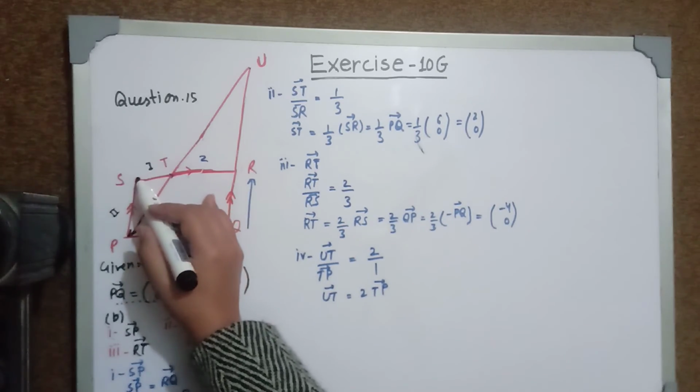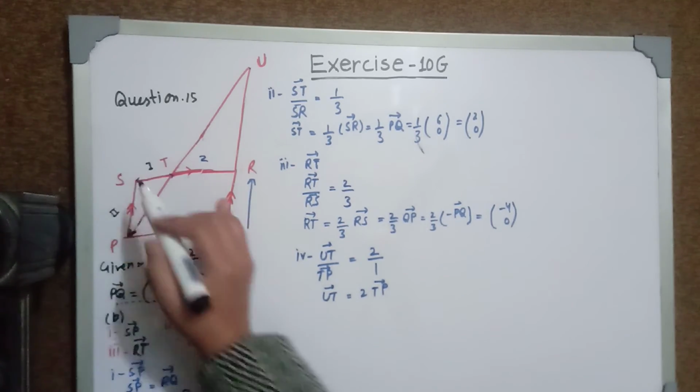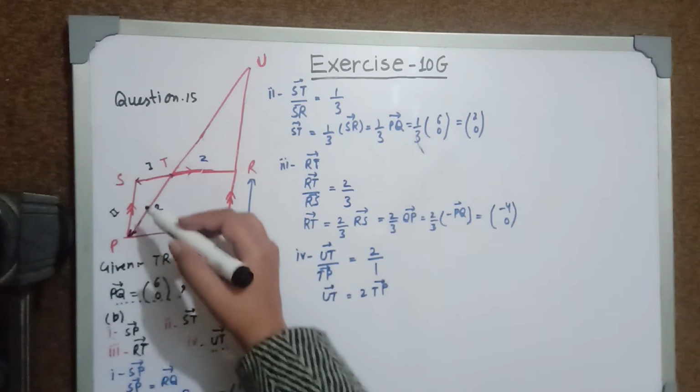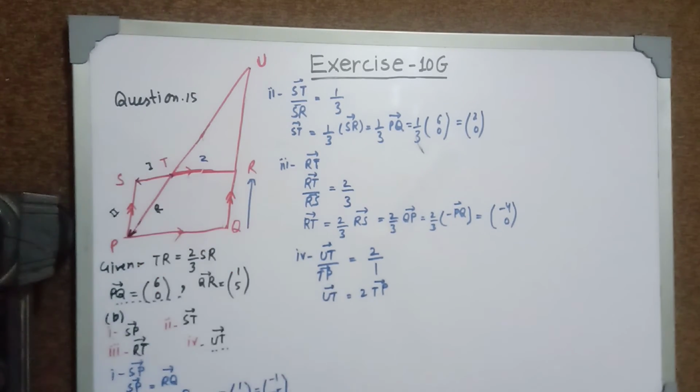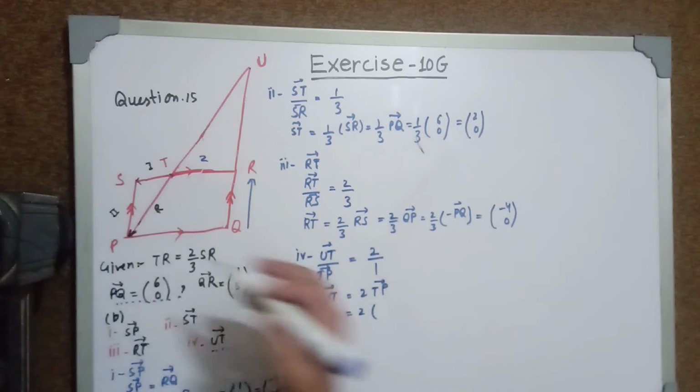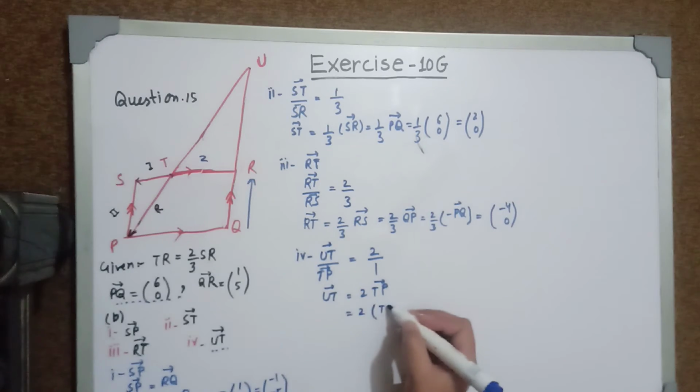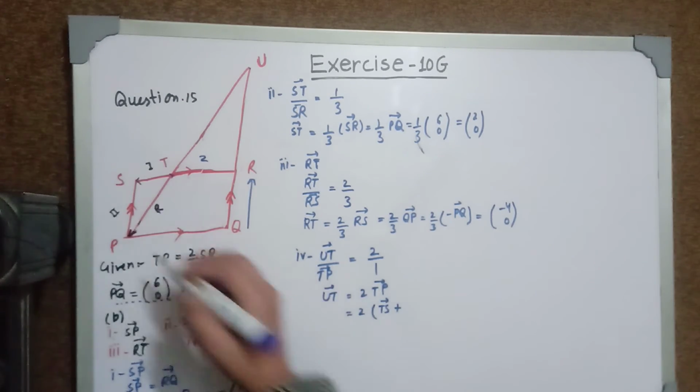So this becomes our first vector TS, and the second vector is SP. So 2TP is equal to TS plus SP.